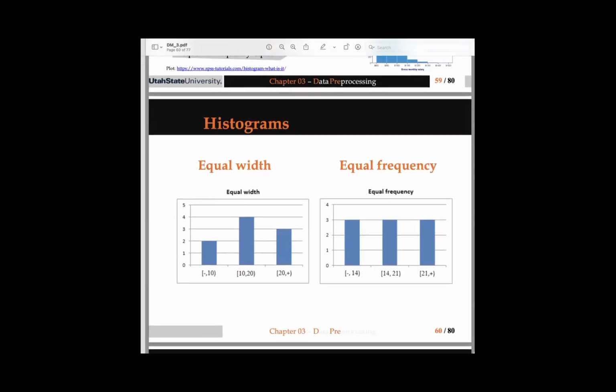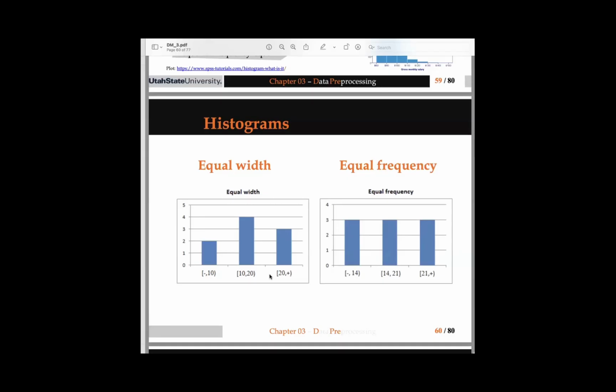Okay, now the last slide that I will cover today is the difference between different types of histograms. Here we're visually comparing equal width versus equal frequency histograms. In equal width histograms, each bin spans the same value range. You could see minus to 10, and 10 to 20, and 20 further over here.